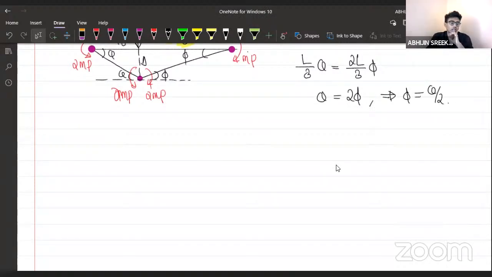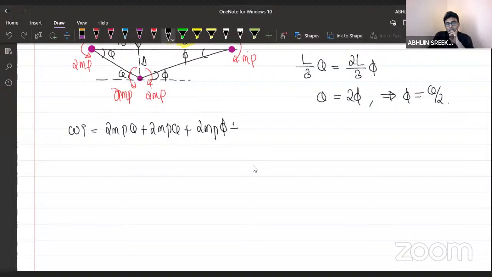Yes, Saurav, very good. So now we can calculate the internal work done and the external work done. How can I do that? That's my question here. How will I be able to calculate the internal work done and external work done? Tell me the internal work done. It is 2 MP theta plus 2 MP theta plus 2 MP into 5 plus MP into 5.